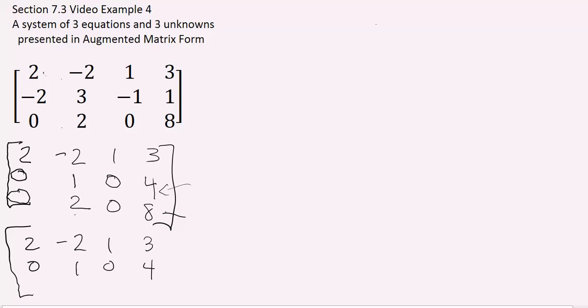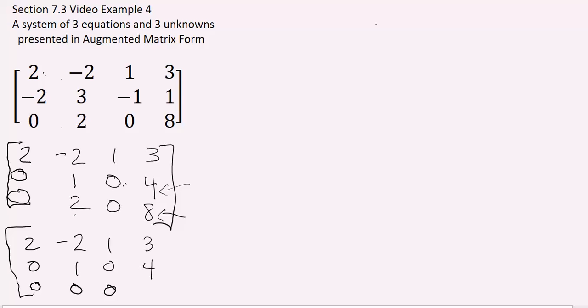So we're going to take -2 times row 2 plus row 3, and that'll be our new row 3, and that gives us 0. Then we take -2 times 1 and add 2, and we get 0, which is what we wanted. Then we take -2 times 0 and add 0, and we get 0.